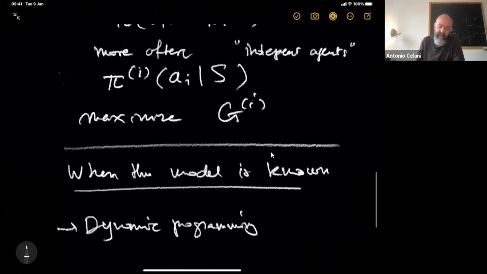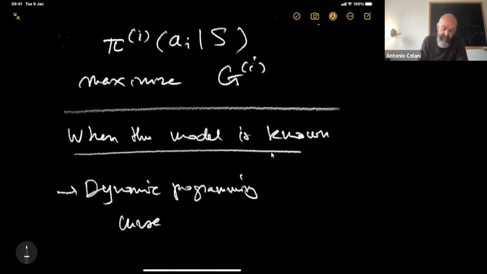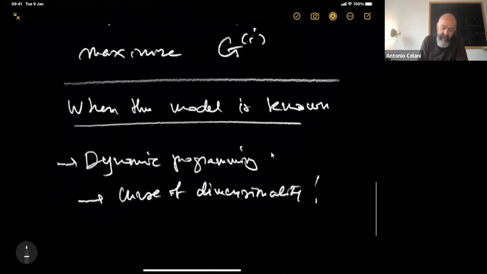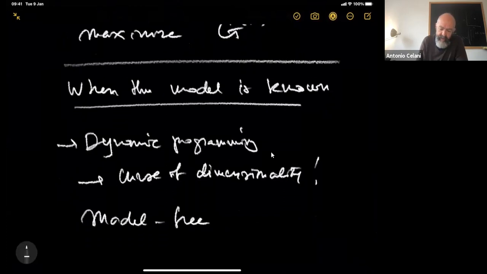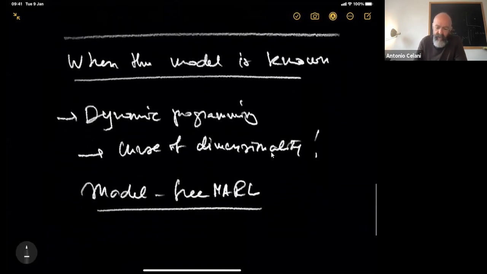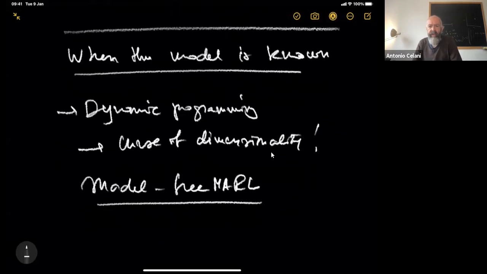This is, as I said, the curse of dimensionality. And then one could ask what happens when we have model-free reinforcement learning in the multi-agent case. Here the situation is actually very rich.